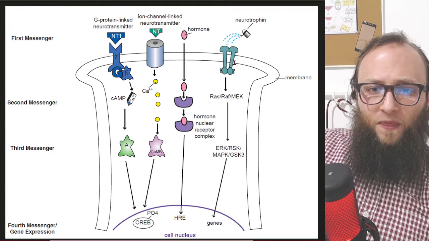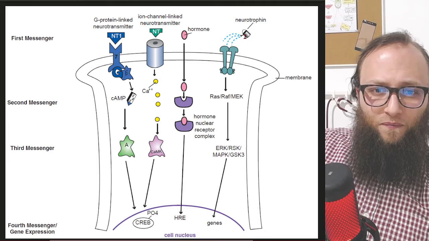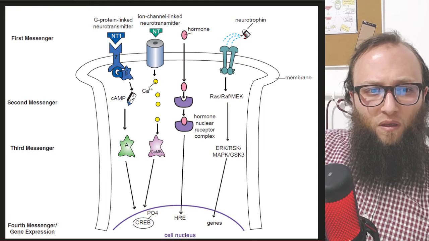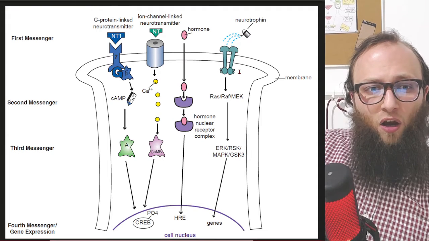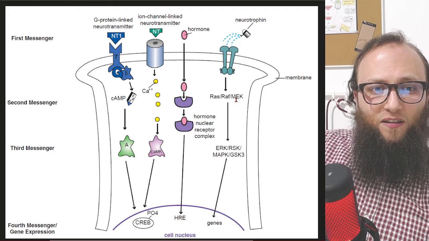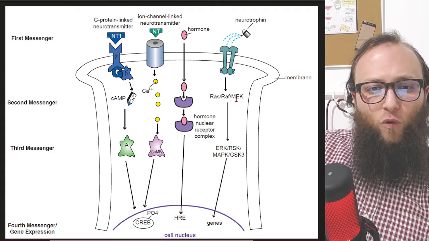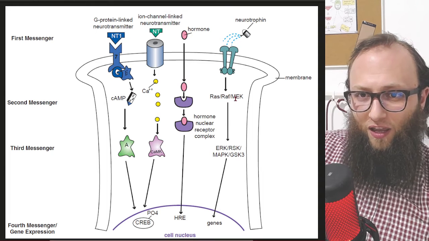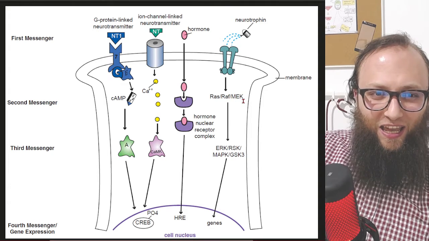Finally, the neurotrophin system activates a series of kinase enzymes with a confusing alphabet soup of names. So we have a lot of names: RAS, RAF, MAK, MEK, and other things.